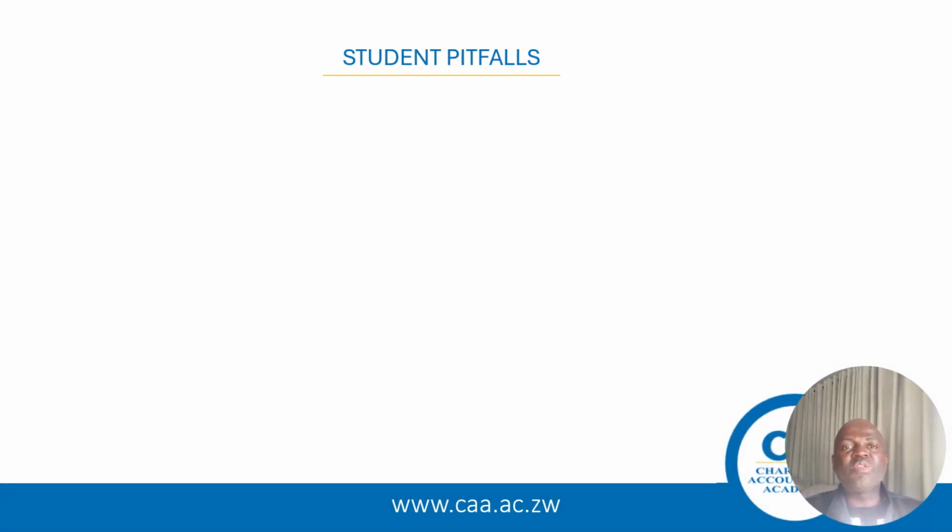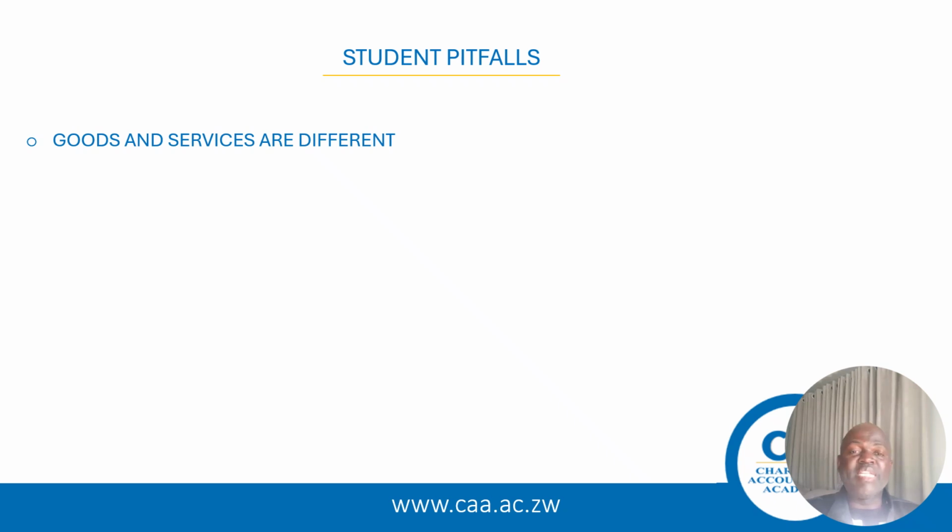Let us look at the common student pitfalls. Students sometimes confuse goods and services. This is very important for your examinations because goods and services are different in terms of a number of items that you need to treat. For example, they can have different classification, medical goods and medical services. Medical services are exempt, while medical goods are not necessarily exempt.